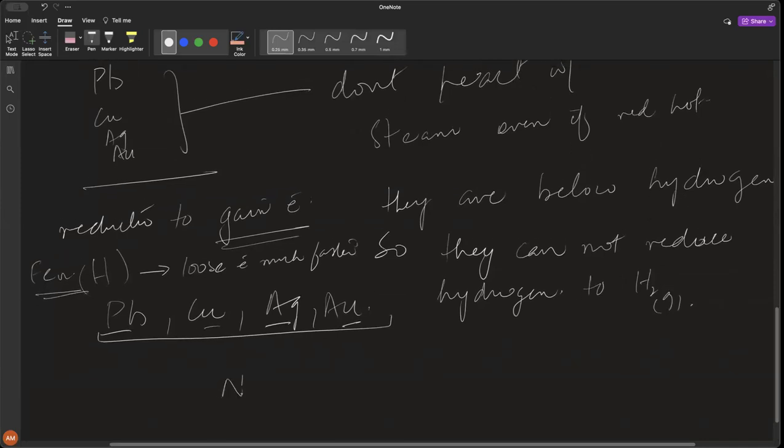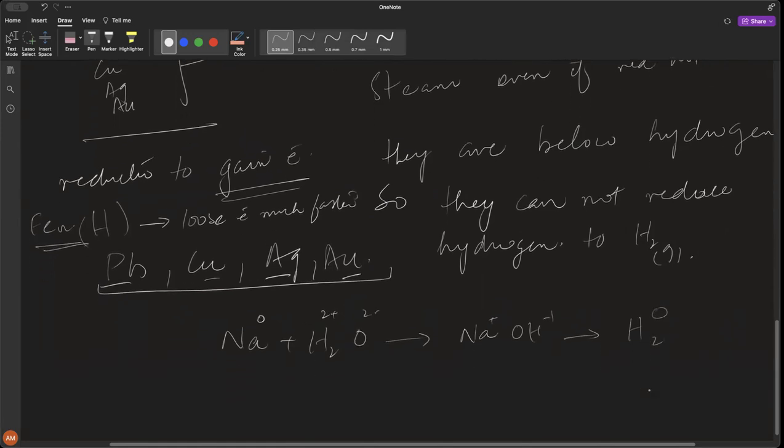What we have studied up till now is this: sodium plus water gives sodium hydroxide and hydrogen gas. So sodium actually forcefully gave hydrogen an electron to convert it into hydrogen gas, right?